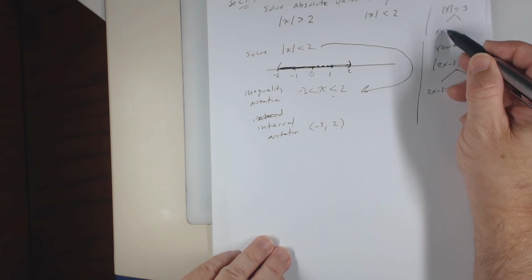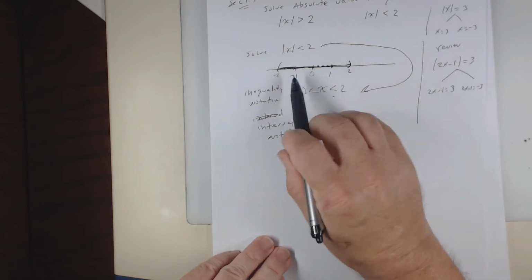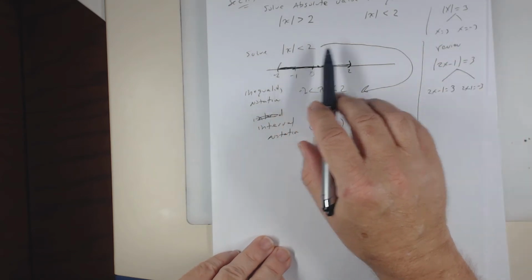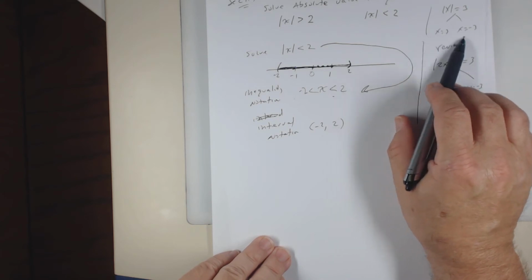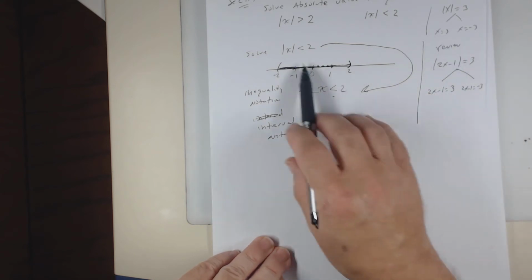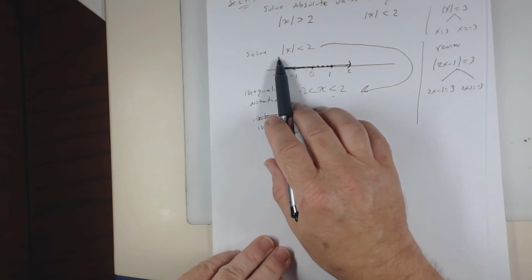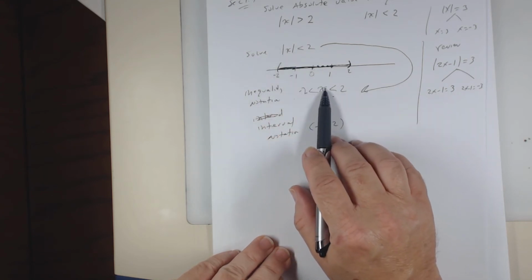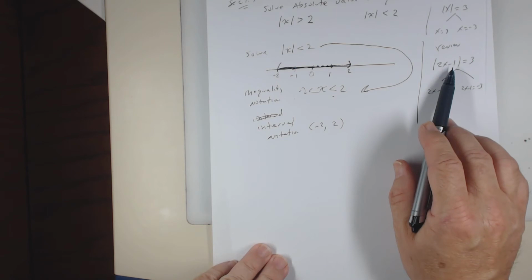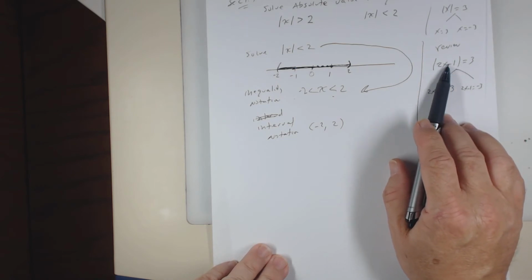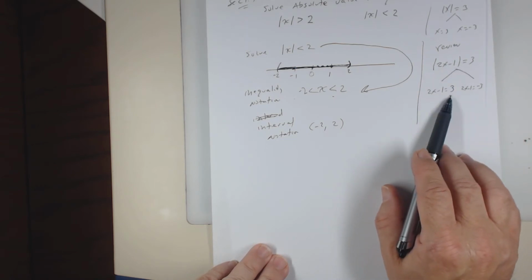X. So x equals 3, x equals -3. You rewrite it with the expression in the middle. So remember here we rewrote it without the absolute value bars, right? Same thing here. You rewrite this without the what? Absolute value bars. You take the expression that's in the middle, and that goes in the middle. You take the expression that's in the absolute value bars, and you rewrite it like this.